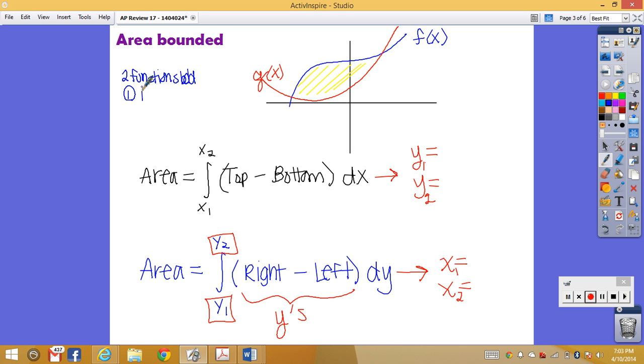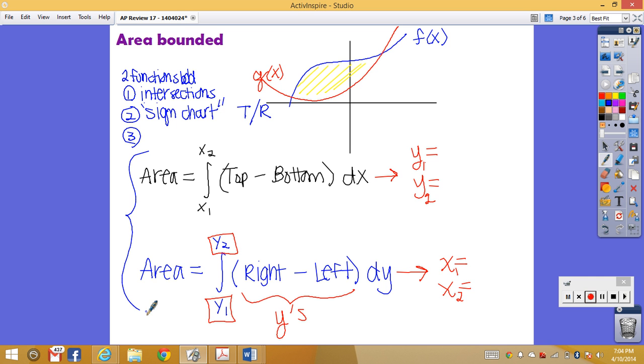Then the first thing is to find your intersections between the two curves. Remember, they can't do anything about quadrants. They shouldn't be saying it's bounded by the x-axis, the y-axis. Alright. Second piece, you're going to do that kind of fake sign chart to figure out who's the greater function. You're identifying top or right. And then third step is this piece right here.